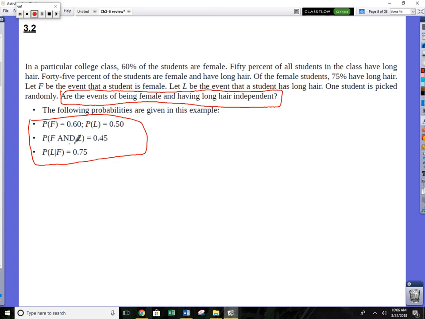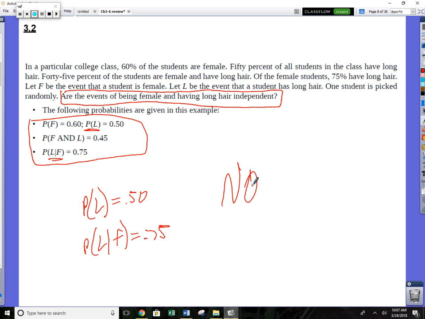Well, gosh, I'm going to look here and here. That's a no. Chances of you having long hair is 50%. Chances of you having long hair, given that you're a female, is 75%. Those are not the same. So it's going to be a quick no. We haven't tested this guy yet. Let's test this one. The intersection, chances of you being a female and having long hair, is 45%.